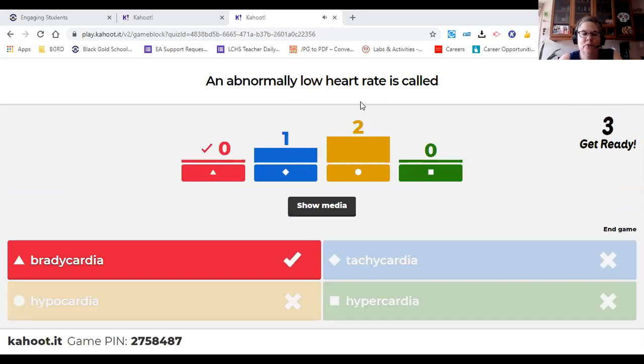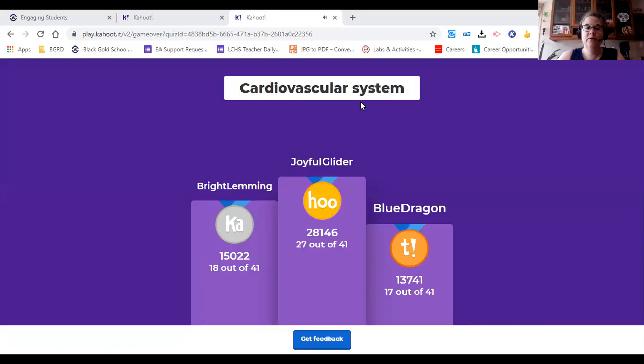All right, no one got it. Brady is what we call it. I know hypo is low, but Brady. So we have Joyful Glider with number one place. Then quite a bit behind is Bright Lemming, and then just a little bit behind that is Blue Dragon. So good job, you guys.